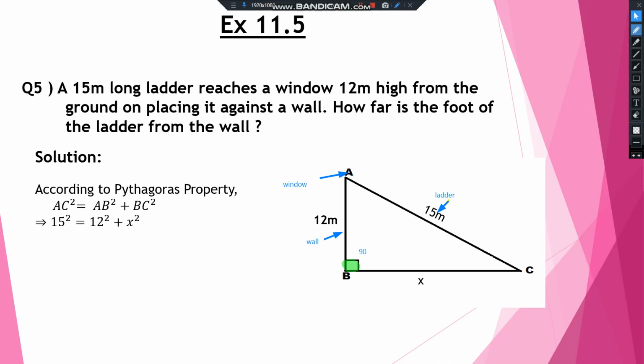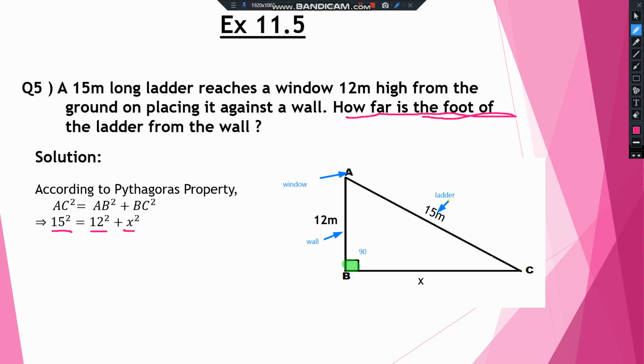So we place the value of AC, that is 15, and AB is the height of the window, that is 12, and BC is not known, so let BC be X. They are asking how far is the foot of the ladder.